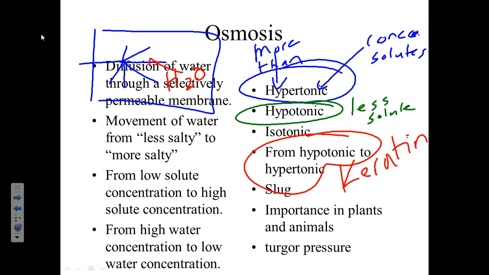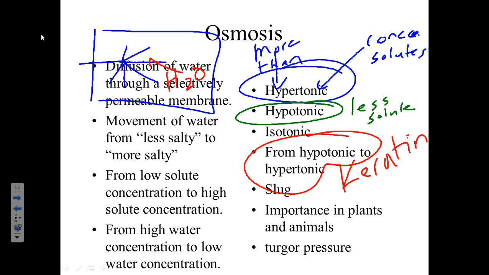Less solutes. To hyper, which means more solutes. So all three of my definitions, whether we're talking about high concentration of water to low concentration of water, low solute concentration to high solute concentration, or hypotonic to hypertonic, they're all saying the same thing. Just three different ways of saying the same thing.